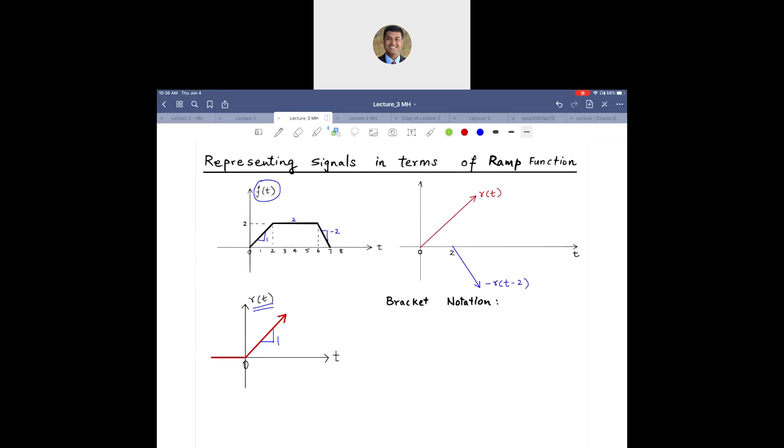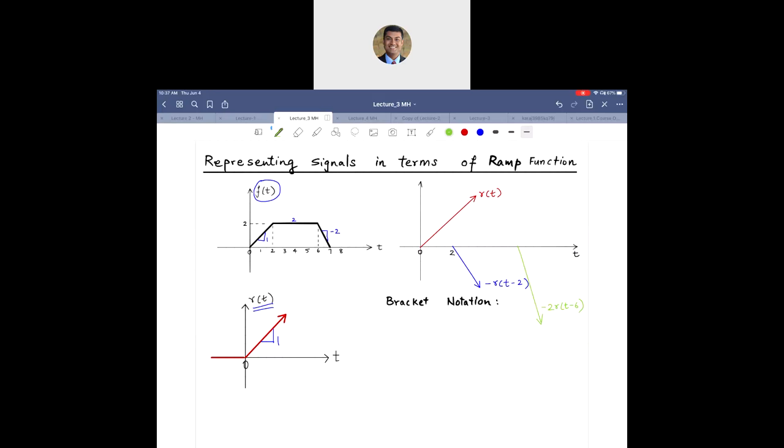At 6, I would need to go down here, but this is going to be with a steeper slope. So this is going to be -2 r of t minus 6, shifted to the right, or delayed by 6 time units, and an amplitude scaling of -2 because the slope is -2. And then at 7, I need to cancel everything out.